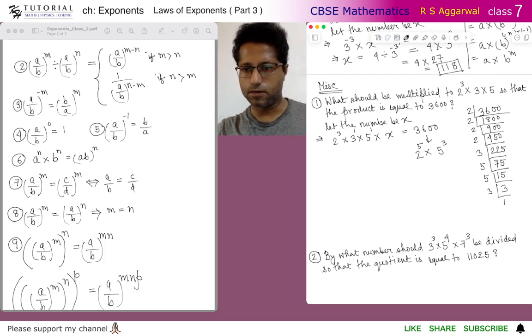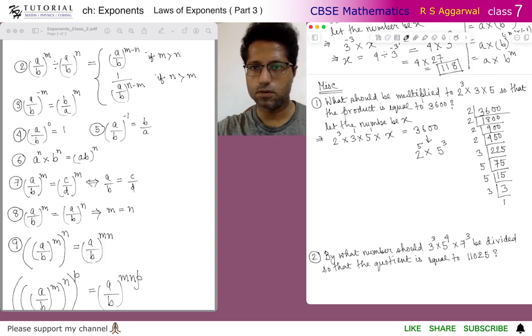So the prime factorization of 3600 becomes: 2 is 4 times, and 5 is 2 times.